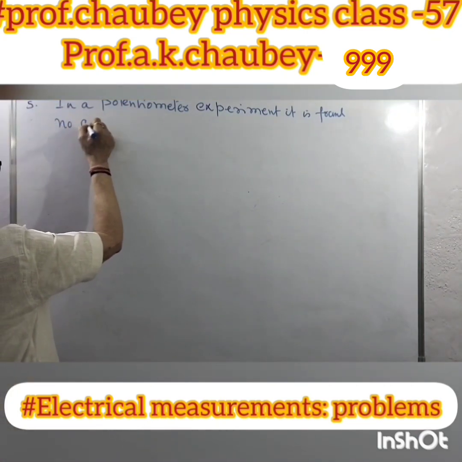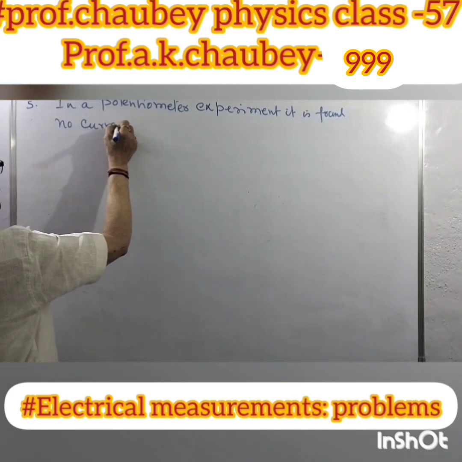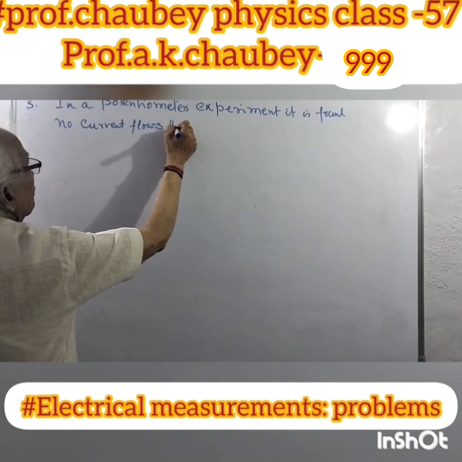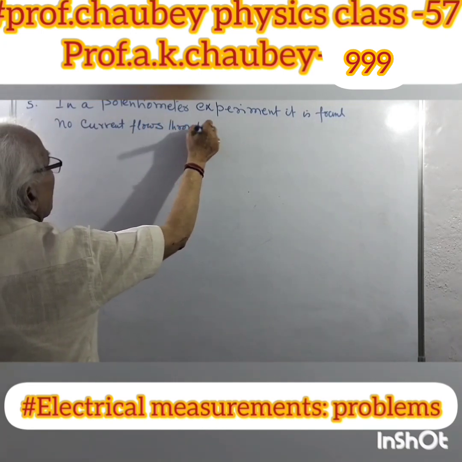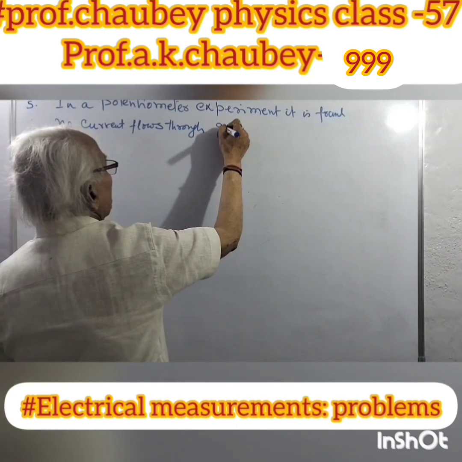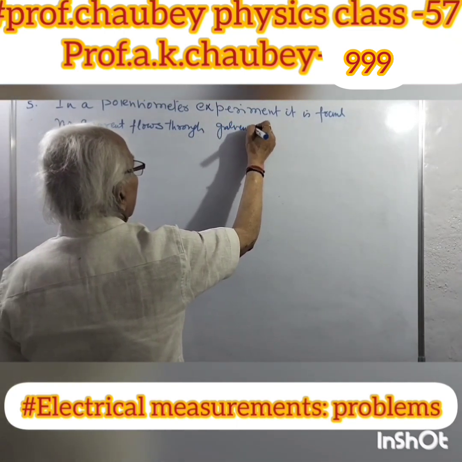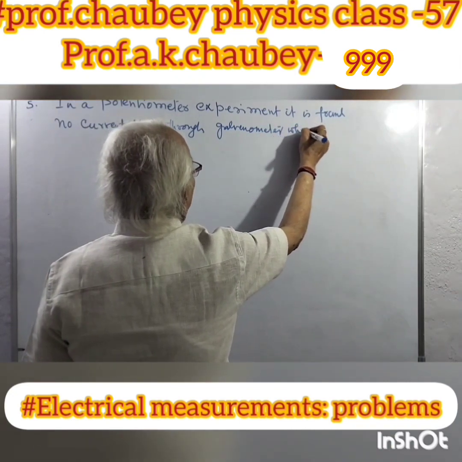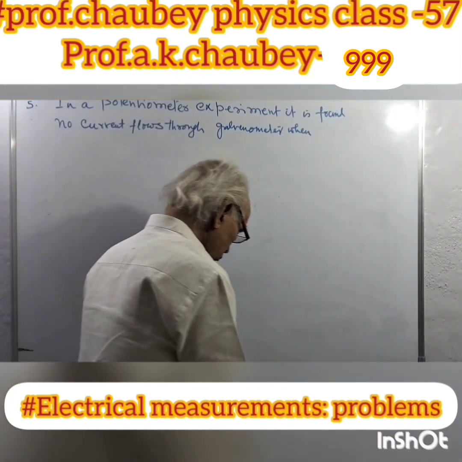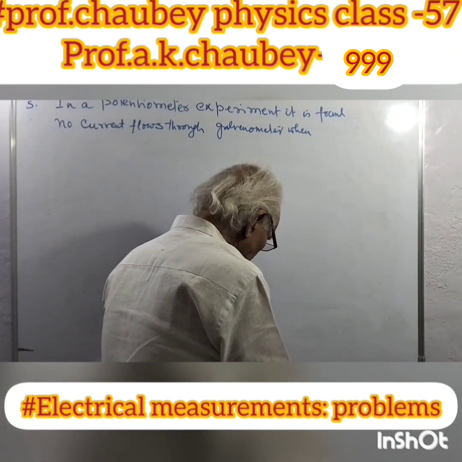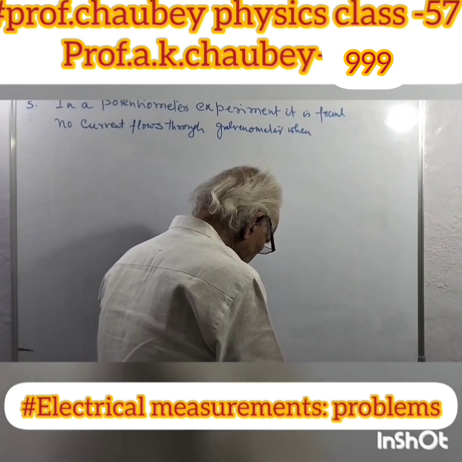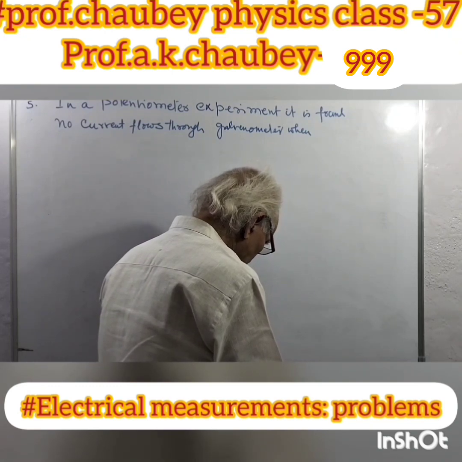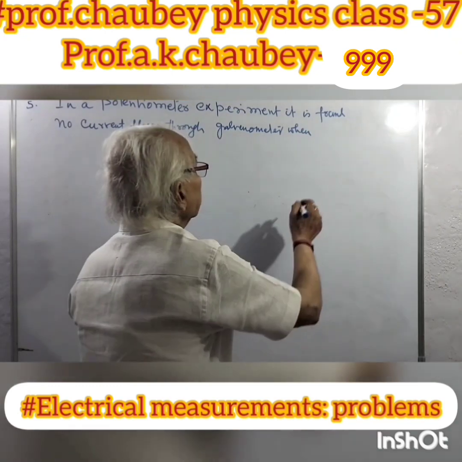No current flows through the galvanometer when the terminals of the cell are connected across 52 centimeters of potentiometer wire.